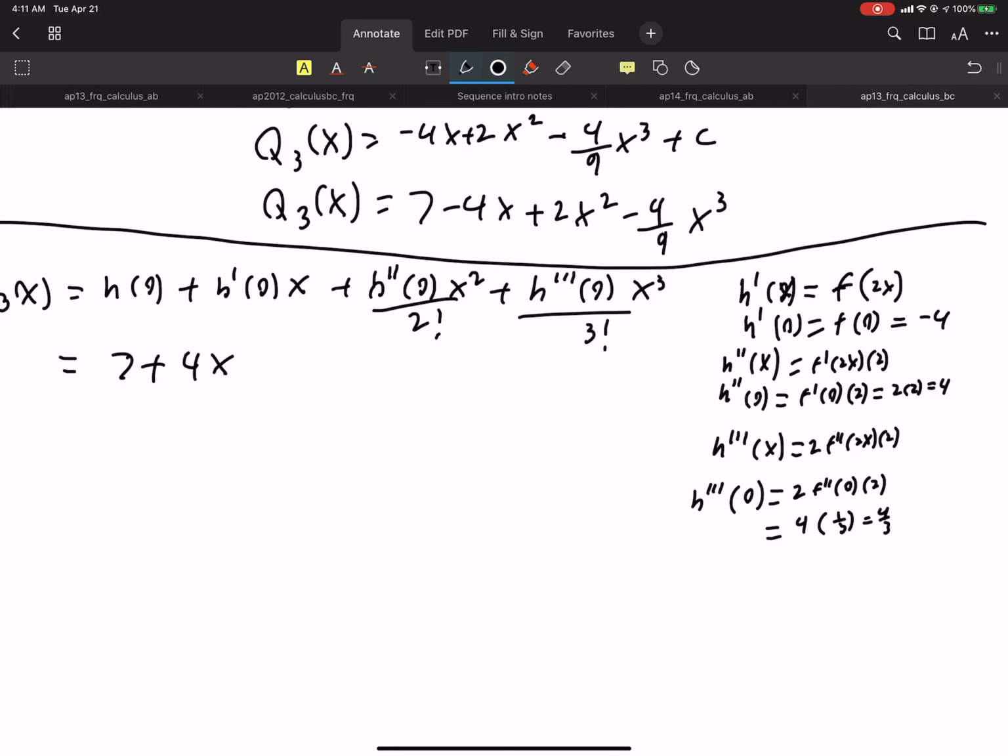Now if we plug all these values in, h prime of 0 is negative 4. And then h double prime we found as positive 4. So it's going to be plus 4x squared over 2. And h triple prime is 4/3, so it's going to be 4/3 times x cubed over 3 factorial.